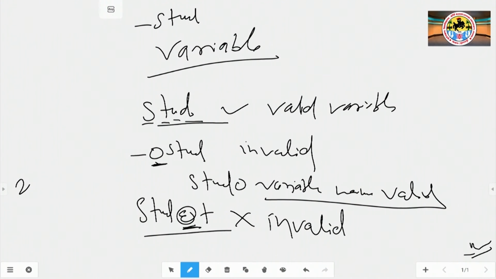Underscore can be allowed in the first position of a variable name, so this is valid. So my point is: underscore can be allowed in a variable name even at the first position, digits can be allowed but not at the first position, and no other special symbol is allowed, neither at the first position, nor in the middle, nor at the end of the variable name, except the underscore. So these are some rules on how to write variable names, and thank you for today.